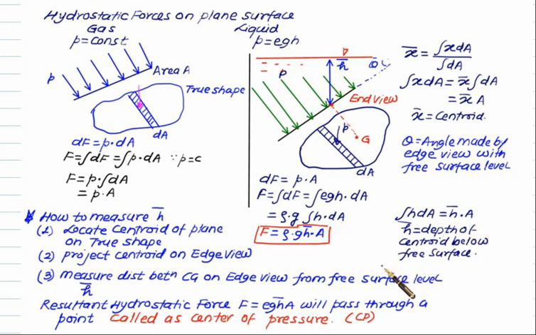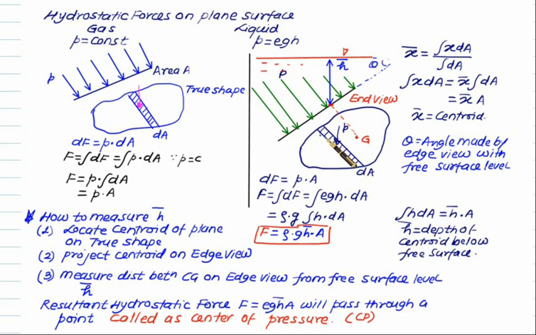Here h bar is nothing but the distance of the centroid below the free surface. In this type of problem, you have to be very specific about the geometry and the location of the centroid. What we are interested in here is that this plane is making an angle theta. Once we know this angle theta, or they will give this angle, your job is to locate the centroid G. To locate the centroid of the plane figure, you have to always locate it on the true shape.